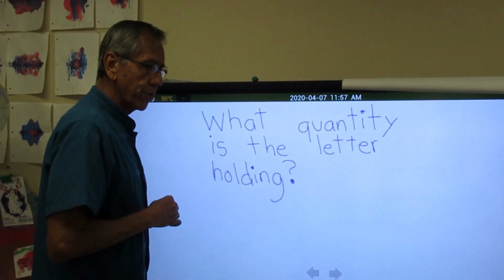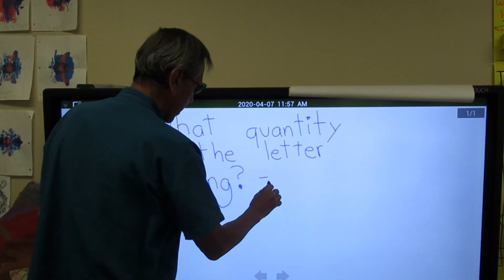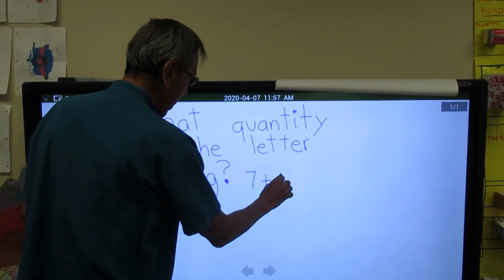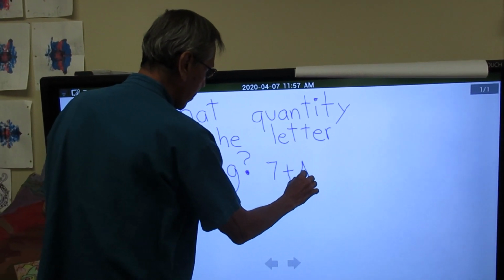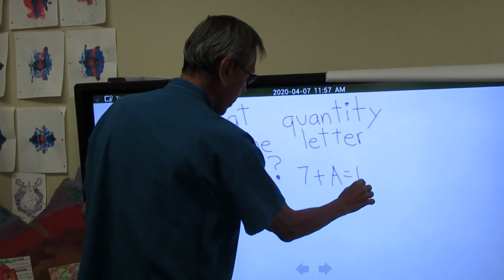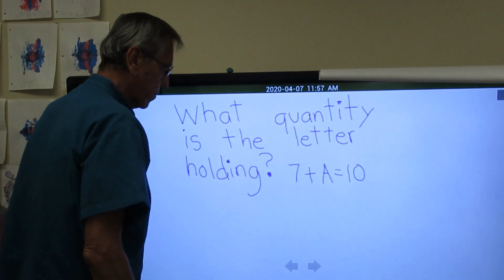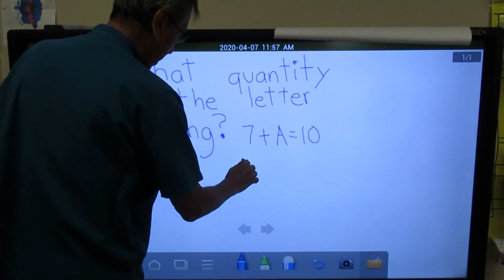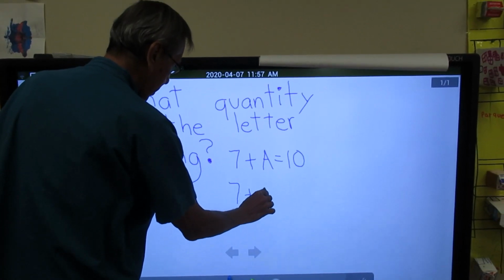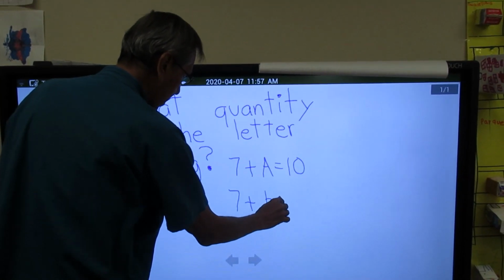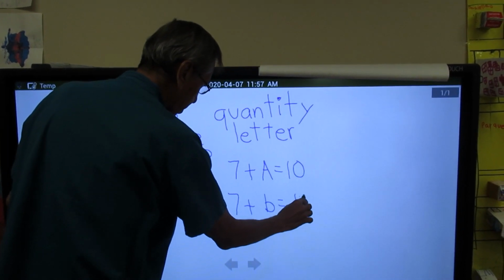For example, you do some addition. You say 7 plus A equals 10. You can say 7 plus B equals 13.